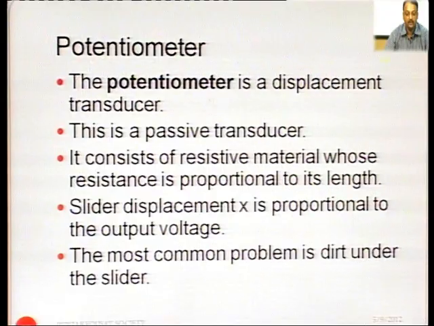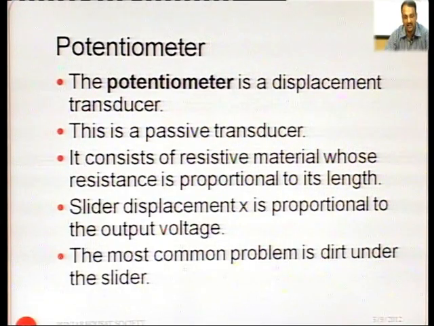The potentiometer is a displacement transducer. This is a passive transducer. Passive means it needs an external supply to change input into output. It consists of a resistive material whose resistance is proportional to its length.